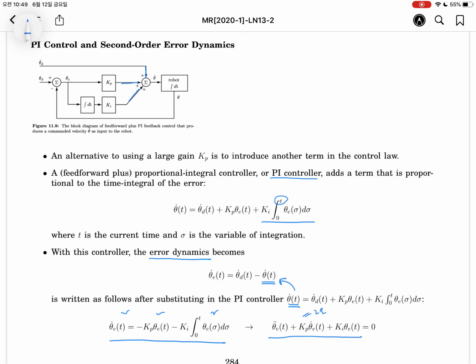Maybe you are good at the standard form, so it will be 2 zeta omega n. It corresponds to omega n squared. Like this, we can know that omega n is maybe the square root of Ki. Zeta will be Kp over 2 omega n, so Kp over 2 root Ki. Like this, we can know that if you increase the Ki or Kp, it will influence omega n and zeta.